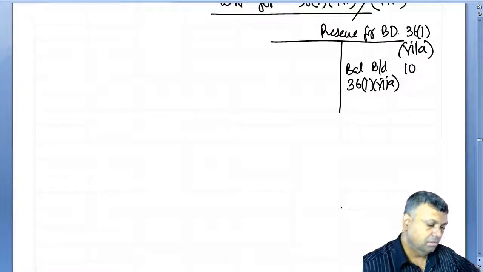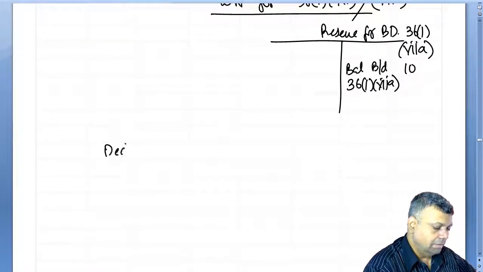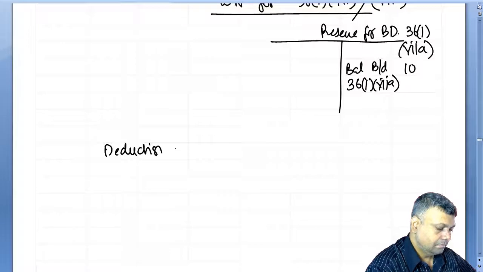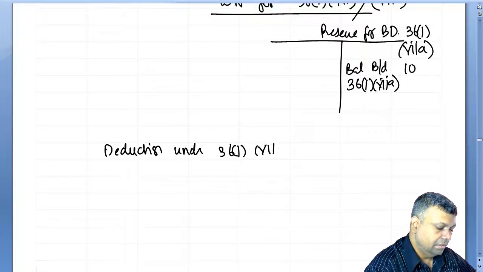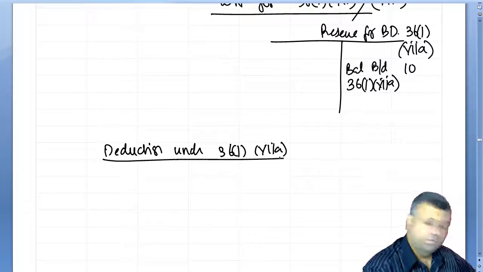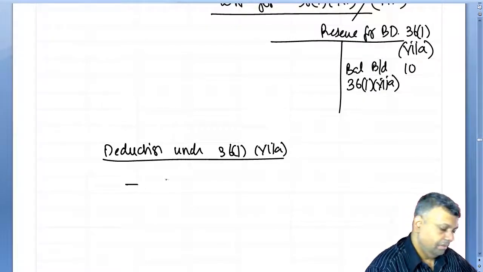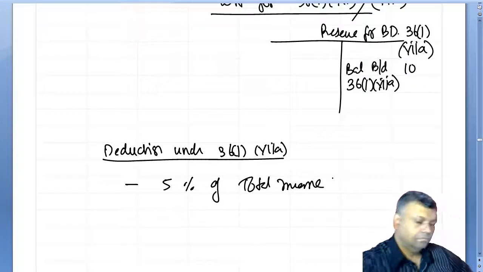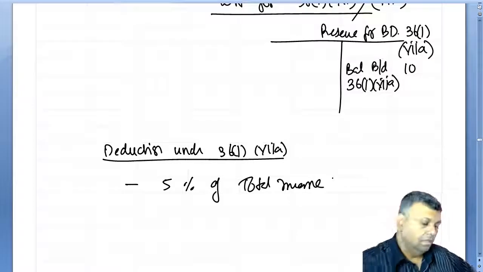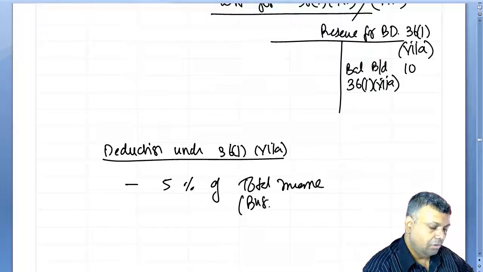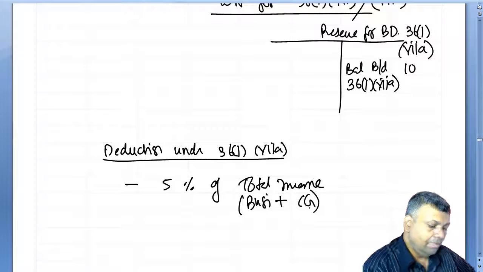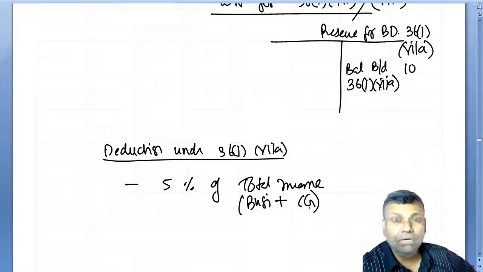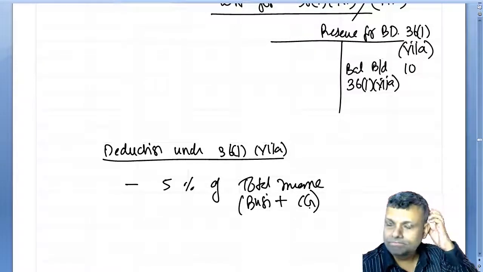So of the current year deduction under section 36.1.7a, that is 5% of the total income. Total income means your business income plus your capital gains just before giving this particular deduction.